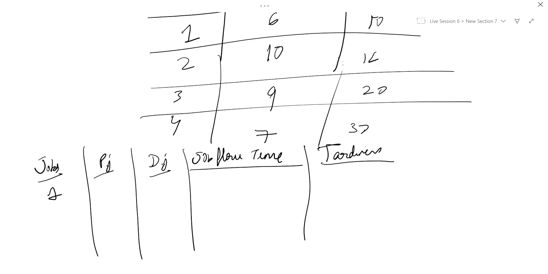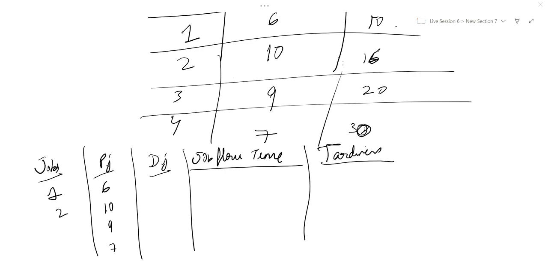Now first we have to arrange the jobs in order of their earliest due date. Here in this question, it is already arranged in earliest due dates. So we'll write 6, 10, 9, 7.